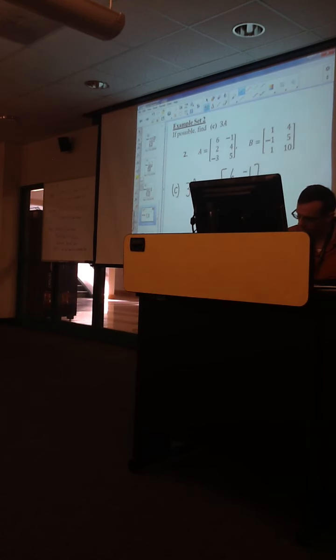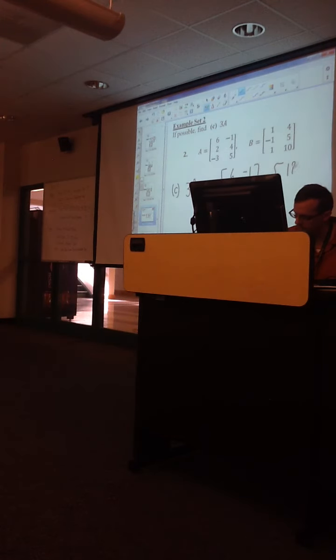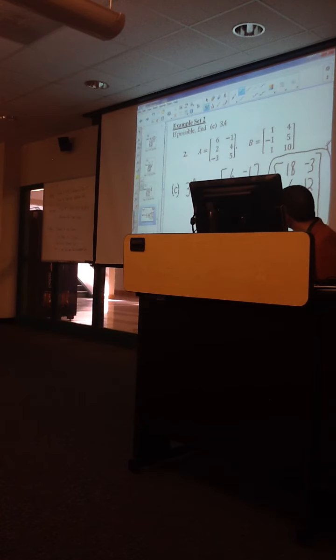Multiply the 3 into each entry. Make sure each entry gets multiplied by 3. So you would get 18, negative 3, 6, 12, negative 9, and 15. Questions? There it is. That's the answer. Okay? Questions? Anybody? Everybody with me?